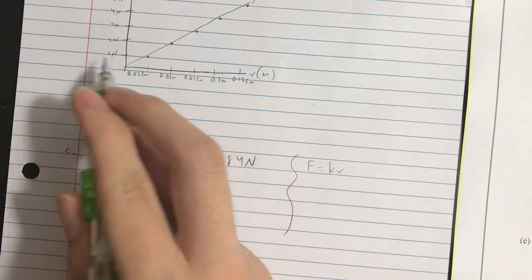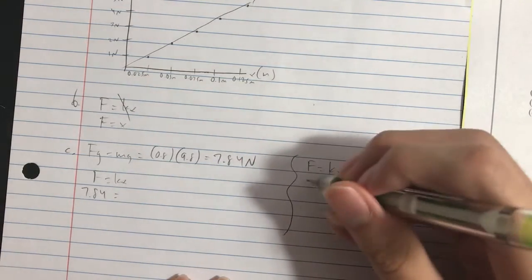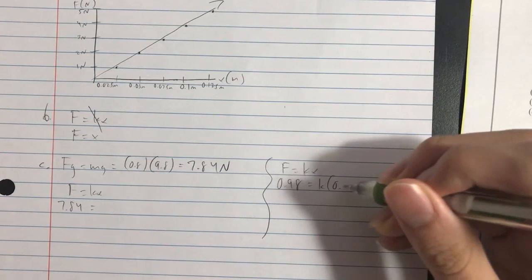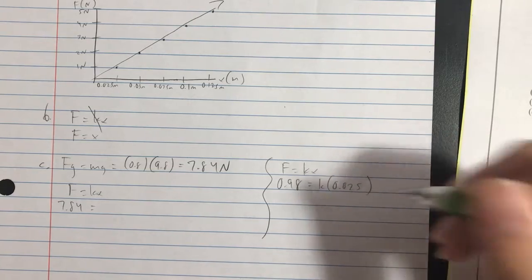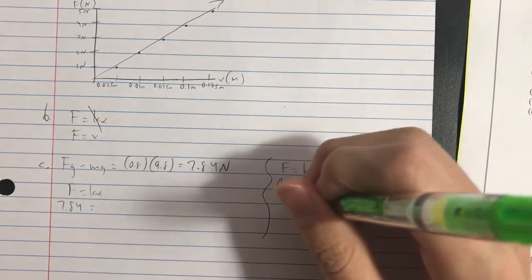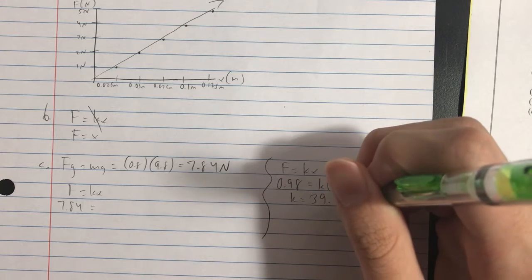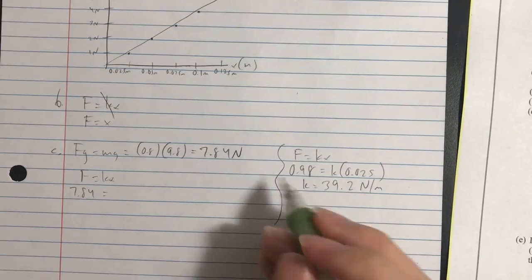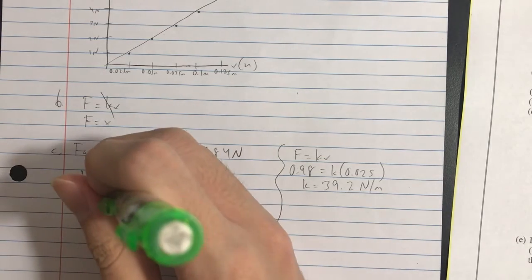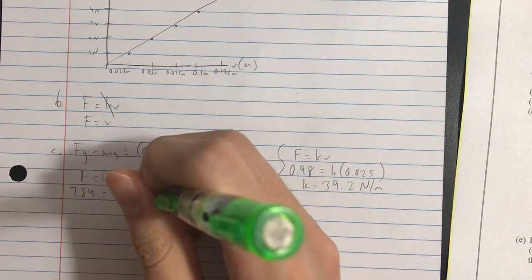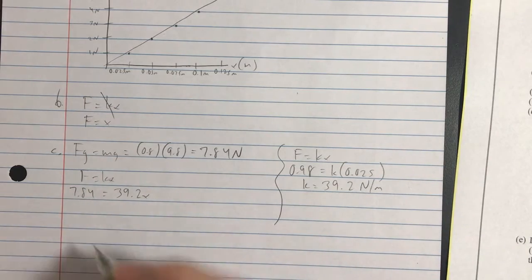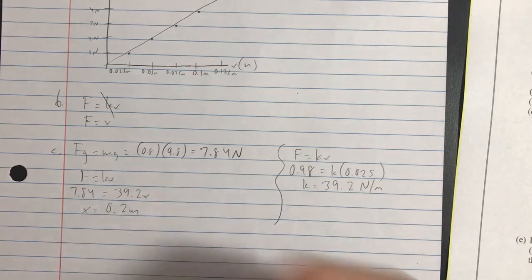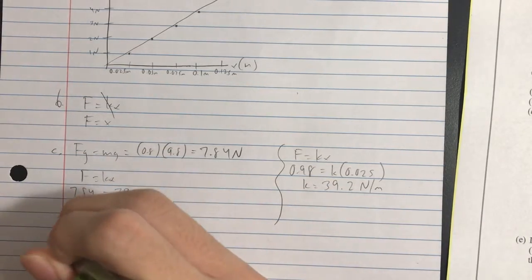So F in this case is 0.98 equals K, and x is 0.025. And we end up getting K equals 39.2 newtons over meters. You can plug that back in to here. 39.2 x. And we can isolate for x to get 0.2 meters as our x.